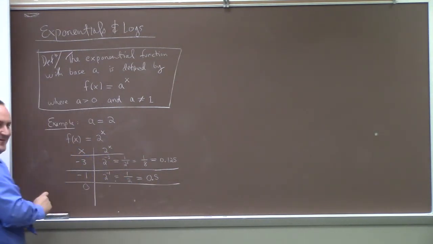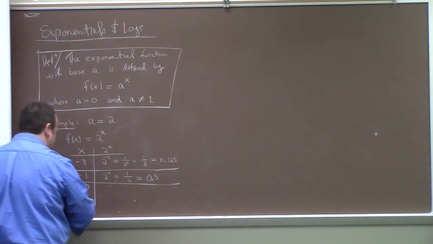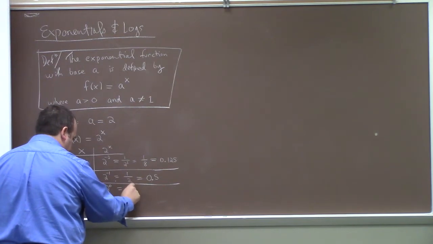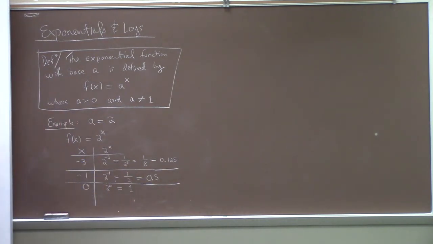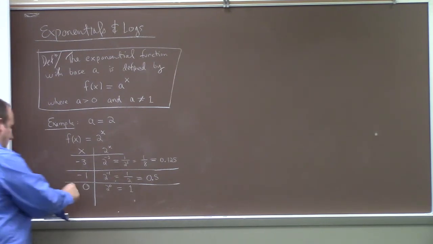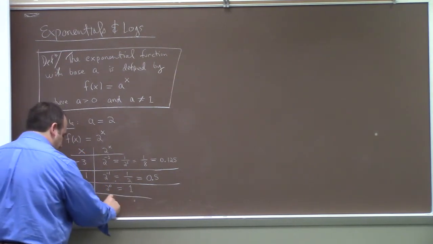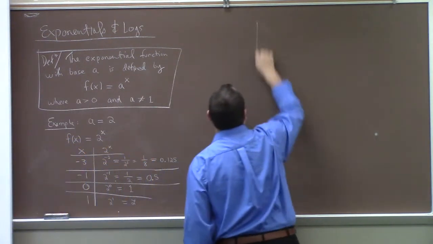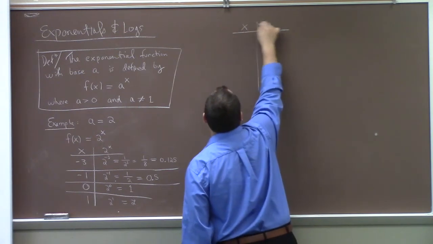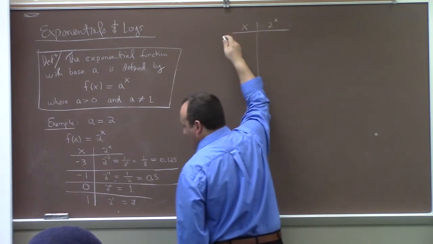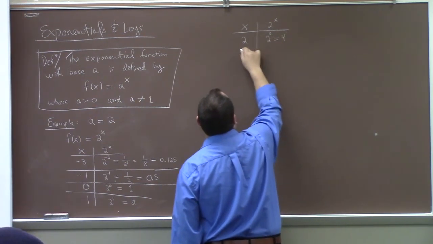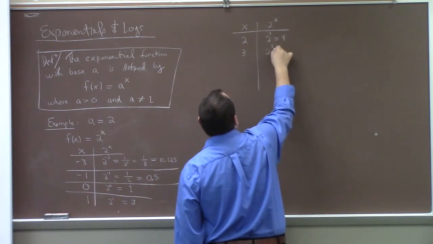So 0, what's 2 to the 0? It's 1. 2 to the 0 is 1. What happens if I plug in 1? 2. Continue this list up here: x, 2 to the x. What if we put in 2? Well, 2 to the 2, which is 4. What if we put in 3? 2 to the 3 is 8.